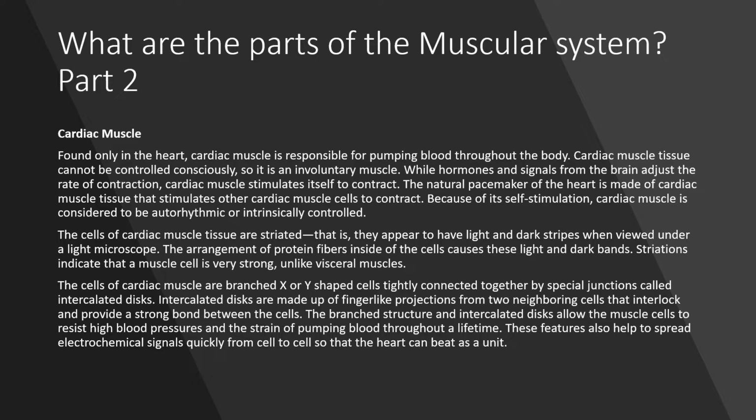The branched structure and intercalated discs allow the muscle cells to resist high blood pressures and the strain of pumping blood throughout the lifetime. These features also help to spread electrochemical signals quickly from cell to cell so that the heart can beat as a unit.